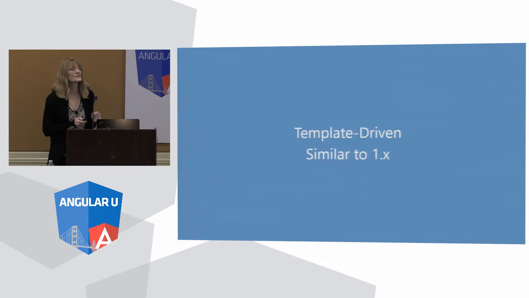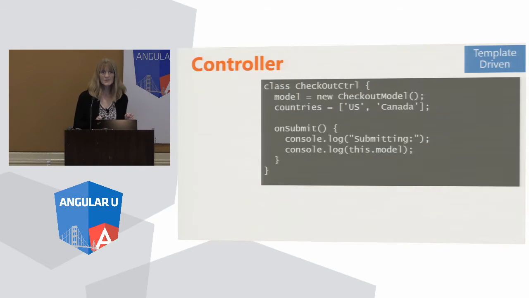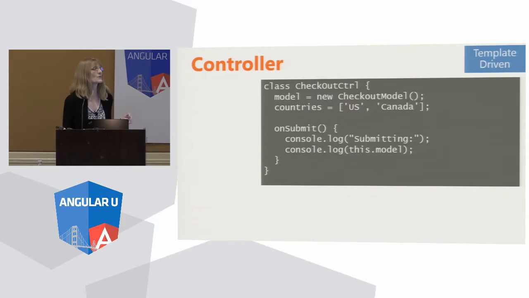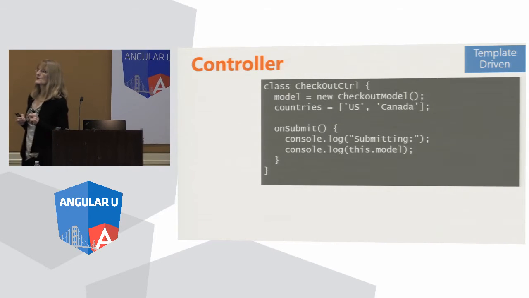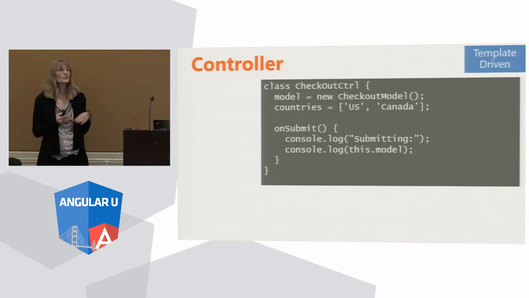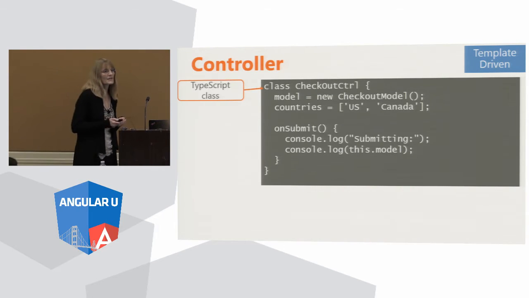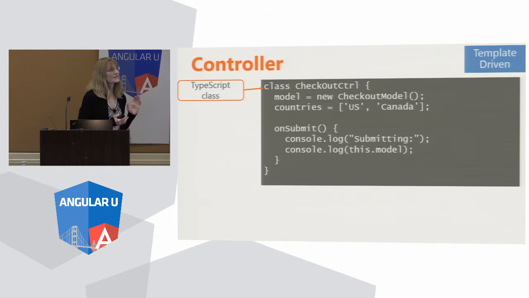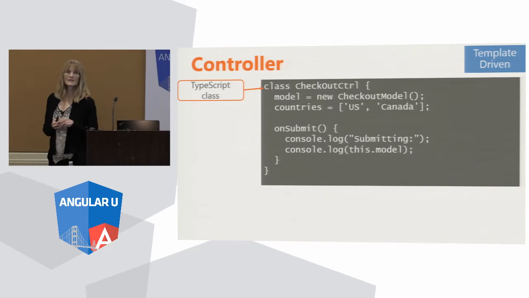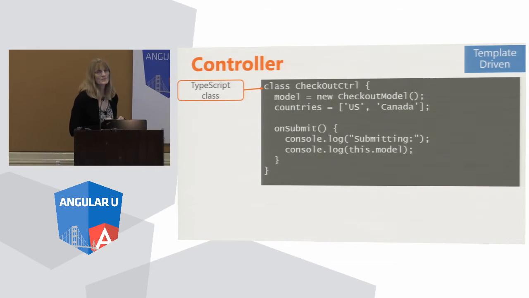Again, this is the one that's similar to 1.x. Now I'm going to be showing all of this code with TypeScript, so you'll see the same kind of code like you saw yesterday, where we're going to have our TypeScript class. So instead of our controller function, our checkout controller would instead be a class with Angular 2.